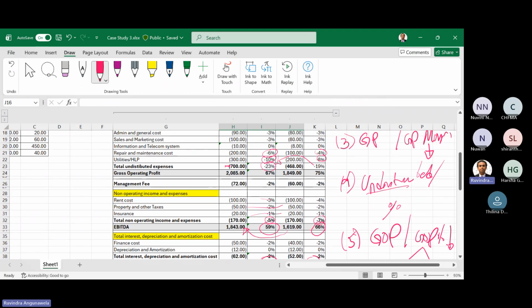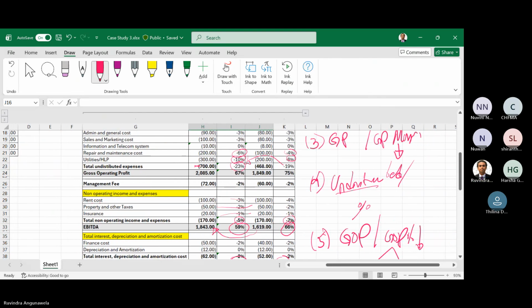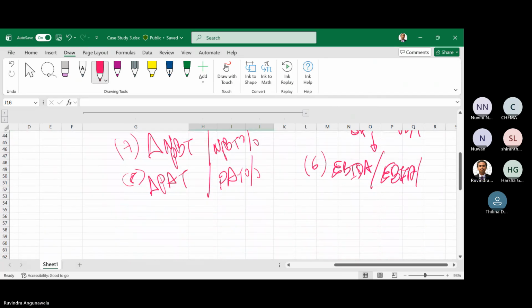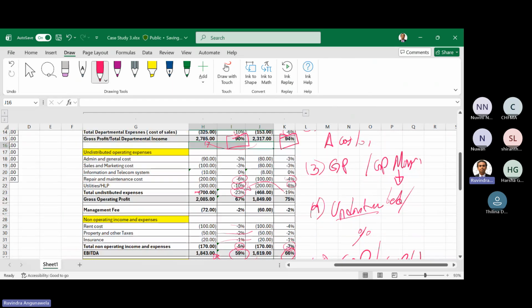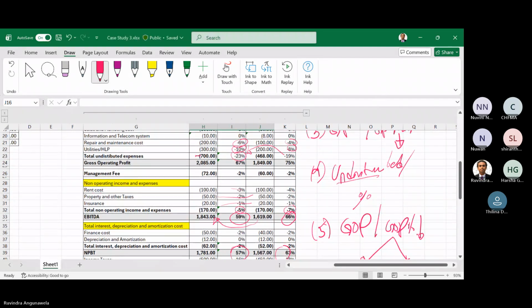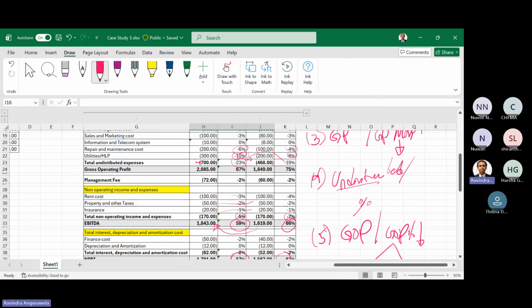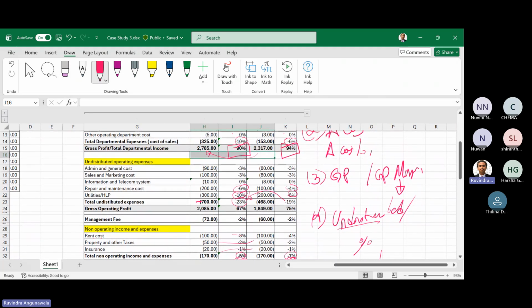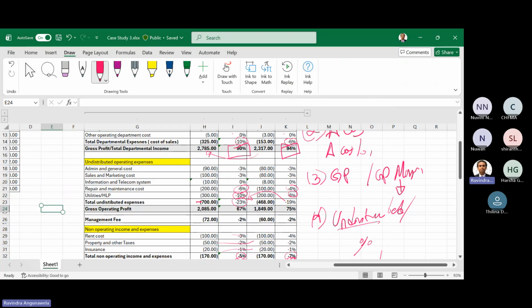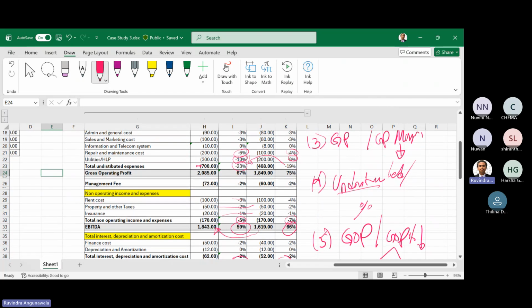And then again, the undistributed expenses have moved up from 19% to 23%, like what we discussed for the rest of hotel operating profit. So basically it is the undistributed expenses moving up from 19% to 23%. That is one reason. And the GP margin is dropping from 94 to 90%. Those two reasons.